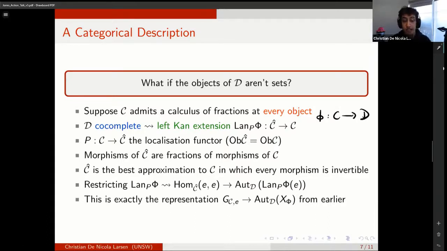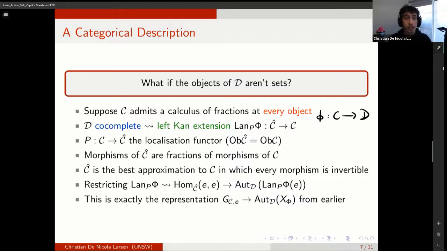So if we then restrict this Kan extension to the endomorphism set of any object of your choice, this is going to be a group and it's going to have fractions because the morphisms of the localizations are fractions of morphisms of the category C. So we restrict to this group and then we're going to get a group representation in the category D. And this turns out to be exactly the representation of the group of fractions that we were just talking about.